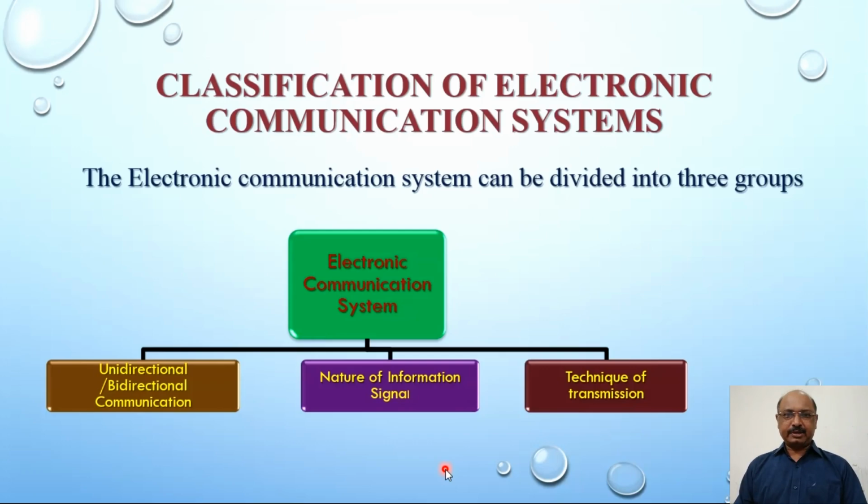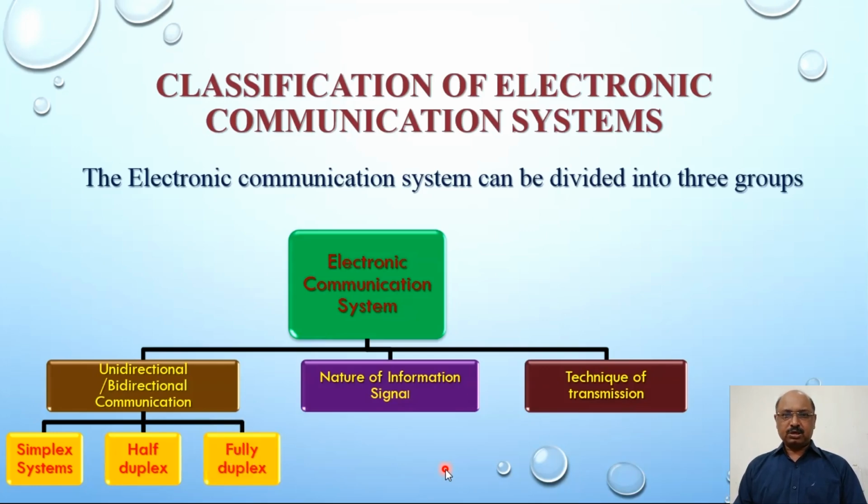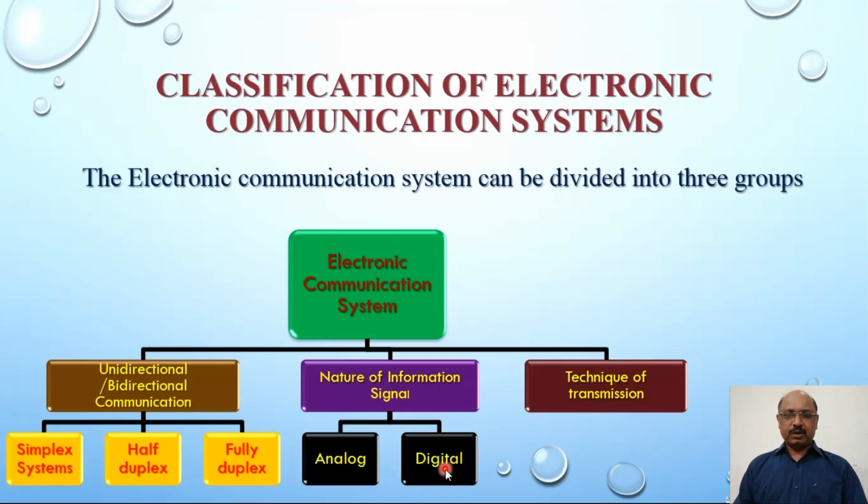Unidirectional or bidirectional communication is divided into three subcategories. First is simplex system, second is half duplex, and third is full duplex system. Also, another group, that is the nature of information signal, is subdivided into analog and digital.